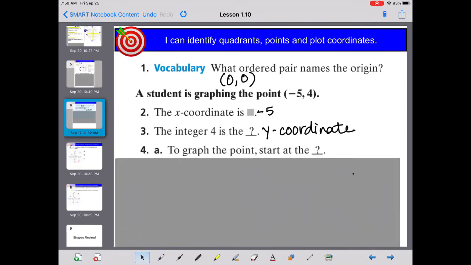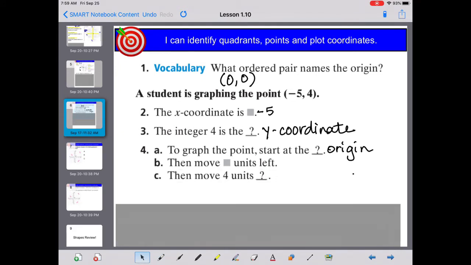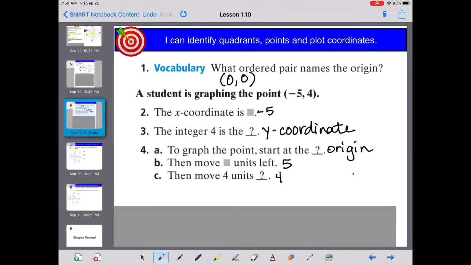Next, to graph this point, you're going to start at always the origin. Then you're going to move 5 units left. And finally, move 4 units right. Oops, I should have written the word right. There we go. And then you place your point.